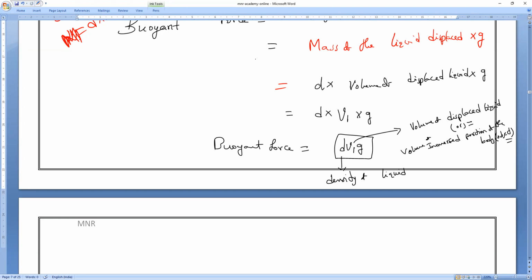And the volume of the liquid displaced is equal to the volume of the immersed portion, not the volume of the object. Understand? That is what you have to remember.